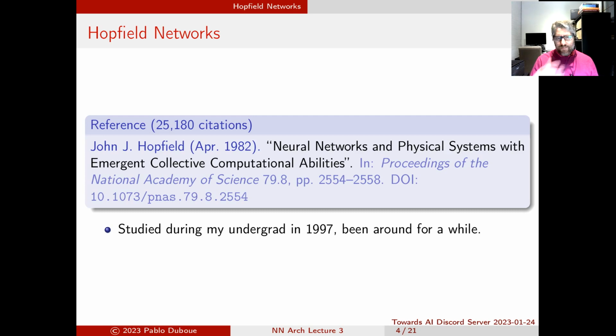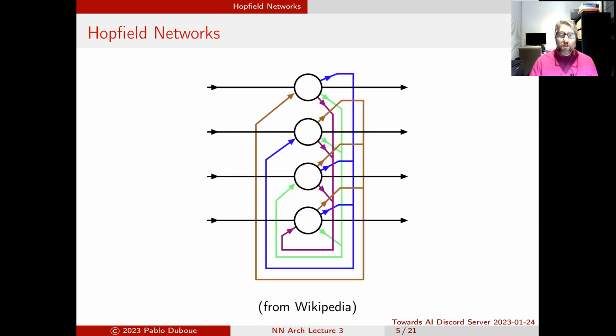So from an architecture perspective, the Hopfield networks are fully connected networks. This is why I like them, and I like to introduce them in a neural network architecture course, because somehow the field has coalesced in this idea of multi-level perceptron, right?